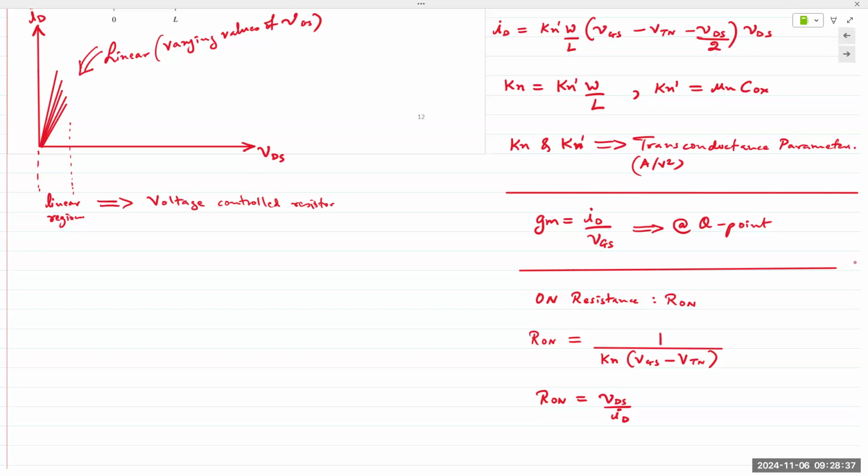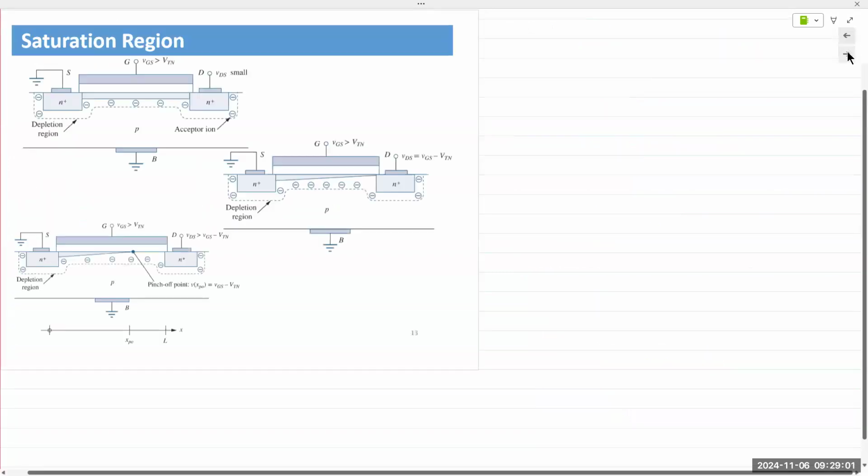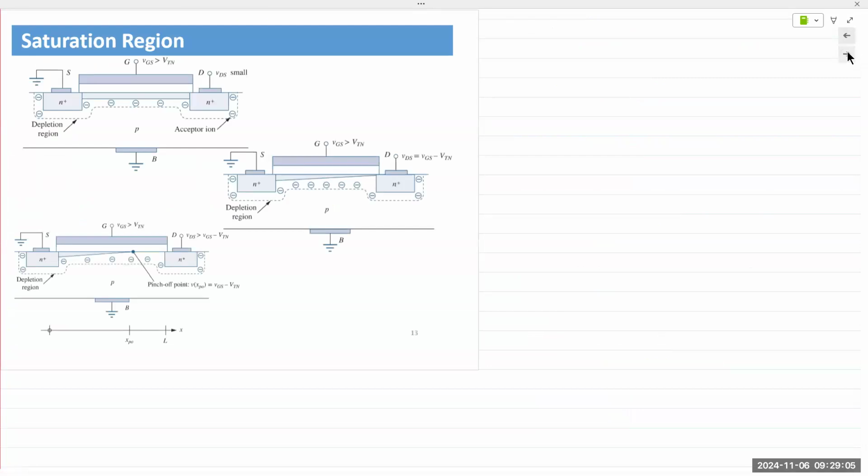In a JFET, we saw that if you keep increasing the drain source voltage, the two depletion regions end up meeting and the channel pinches off. So here, something similar happens. The cause is not the same as the JFET, but the resulting effect is the same. The channel that was created pinches off after a certain level of voltage, and then we reach an operation region known as the saturation region.